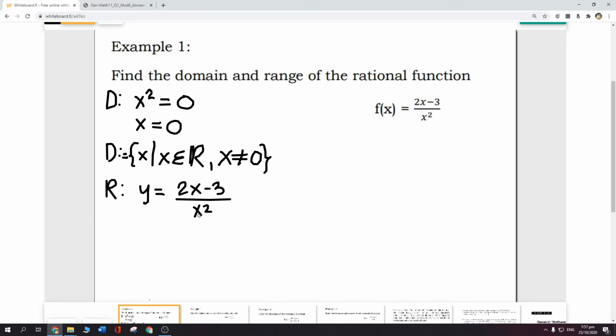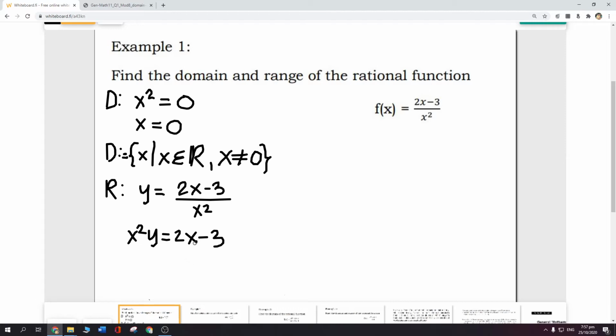All you have to do is to cross multiply x squared to y. So we have x squared y equals 2x minus 3.